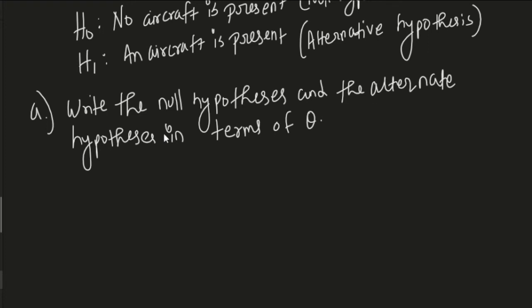There are 5 such questions. The first one is, write the null hypothesis and the alternate hypothesis in terms of theta.